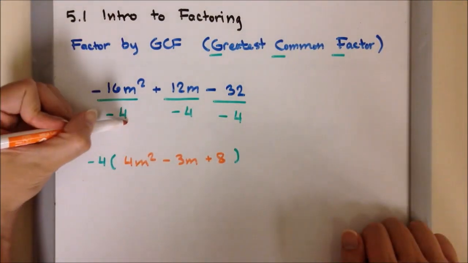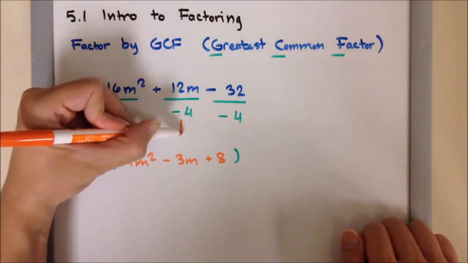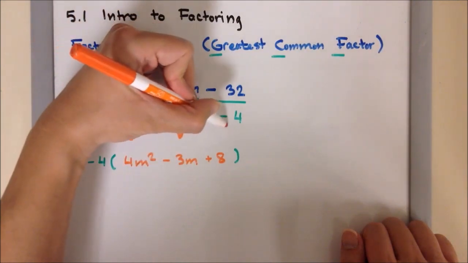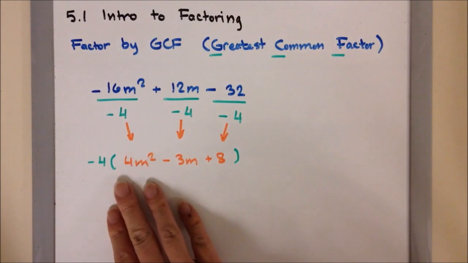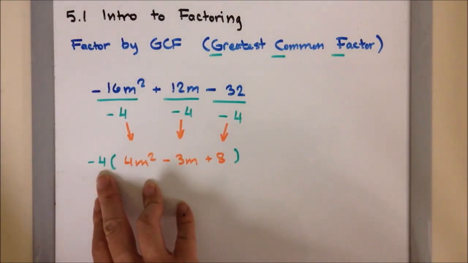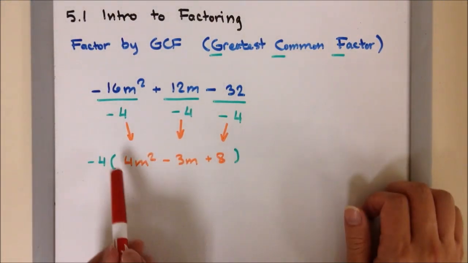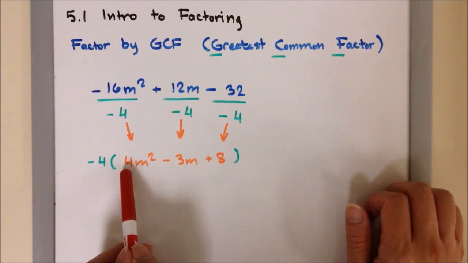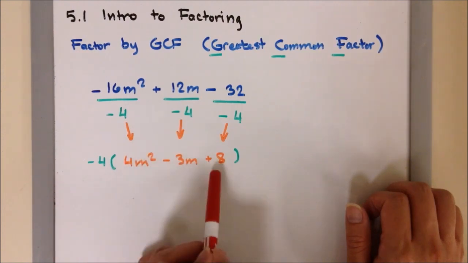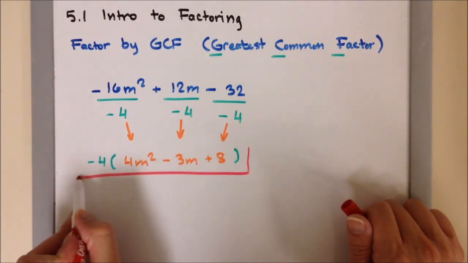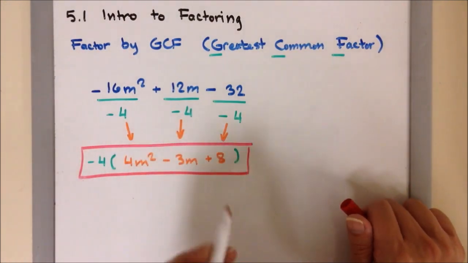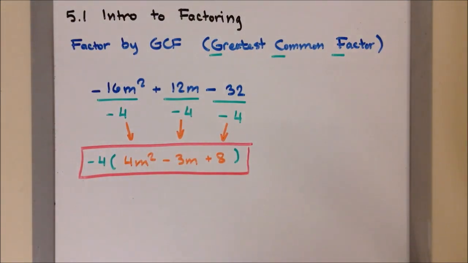So again, I undistribute with my negative 4, and when I'm factoring, I'm dividing. What I got was negative 4 times my trinomial, 4m squared minus 3m plus 8. So that would be our final answer.